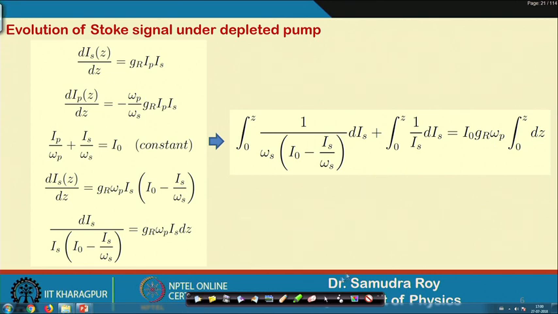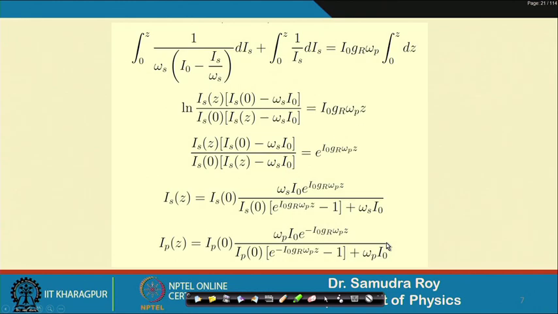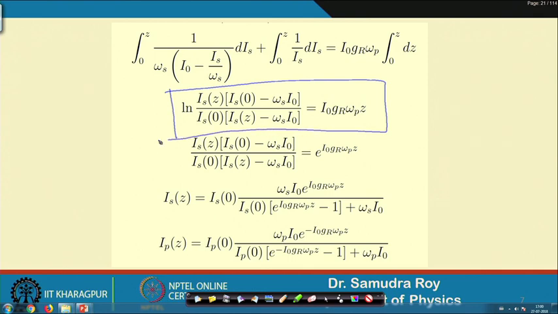So, we can very quickly integrate these two things, and if I do this integration and combine these two together, then we have an expression something like this. Integrate this, combine these two, you will readily get this expression. Now the next thing is to write this equation in the form I s function of z is equal to some function of z.